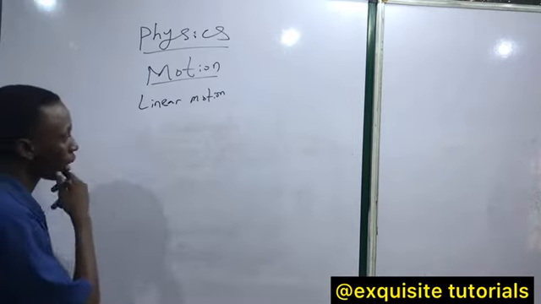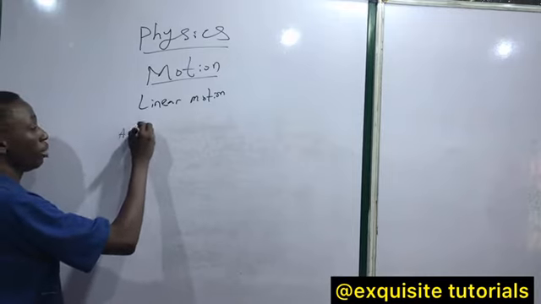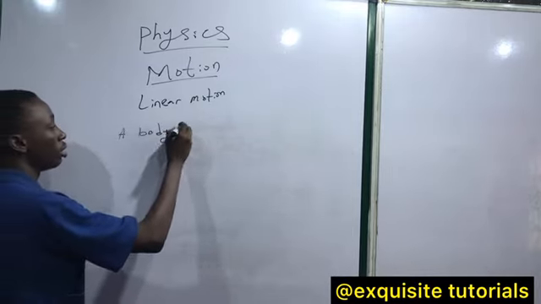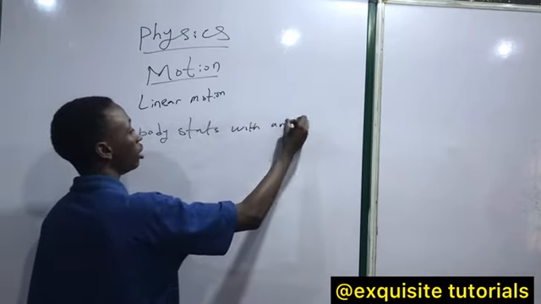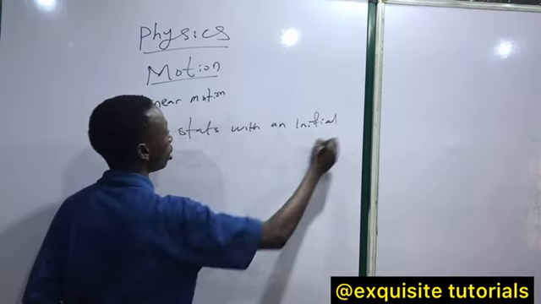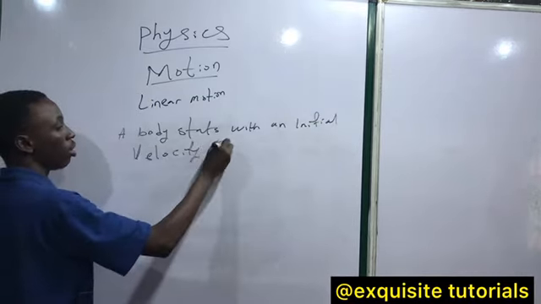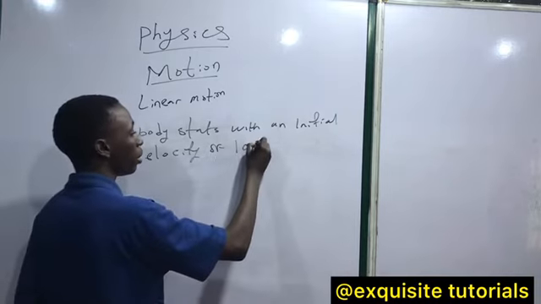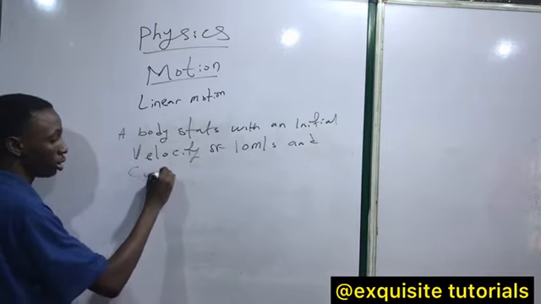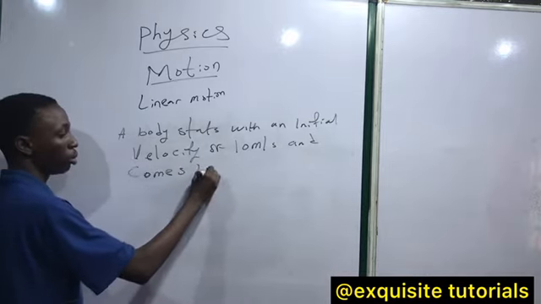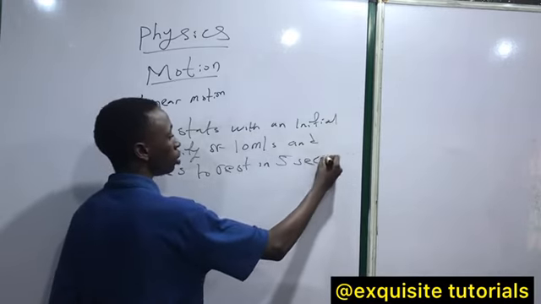Let's say a body starts with an initial velocity of 10 meter per second and comes to rest in 5 seconds.